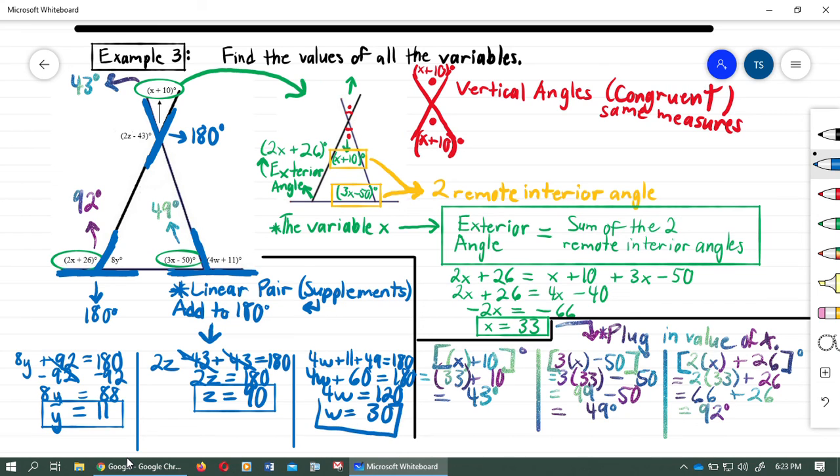So, folks, as of right now, we have solved for each variable, and that would be the end of this example. Guys, just a brief walkthrough of everything that we did in this example. First off, we focused on the variable x, on those three expressions that had the variable x: the part that said 3x minus 50, the part that said 2x plus 26, and the part that said x plus 10.